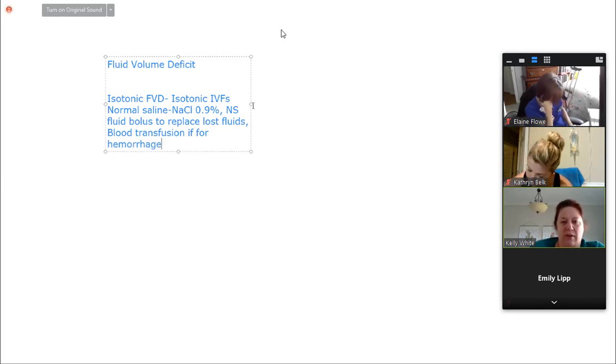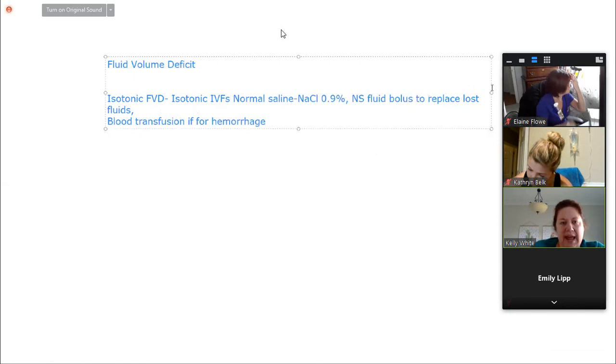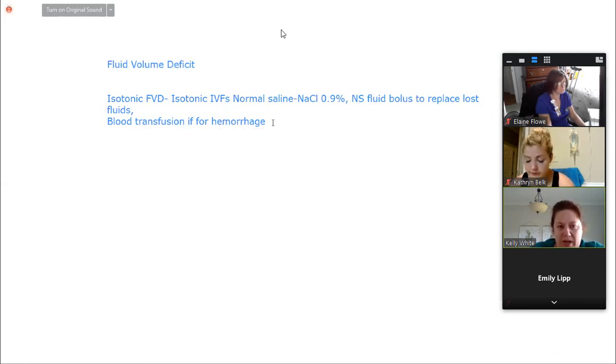If you are stabbed and you are losing blood profusely, then you're going to want blood products to replace and bring that fluid volume back up. But if you just have lost fluid because of diarrhea or not taking in enough fluids or throwing up, we're going to bolus you with that normal saline.